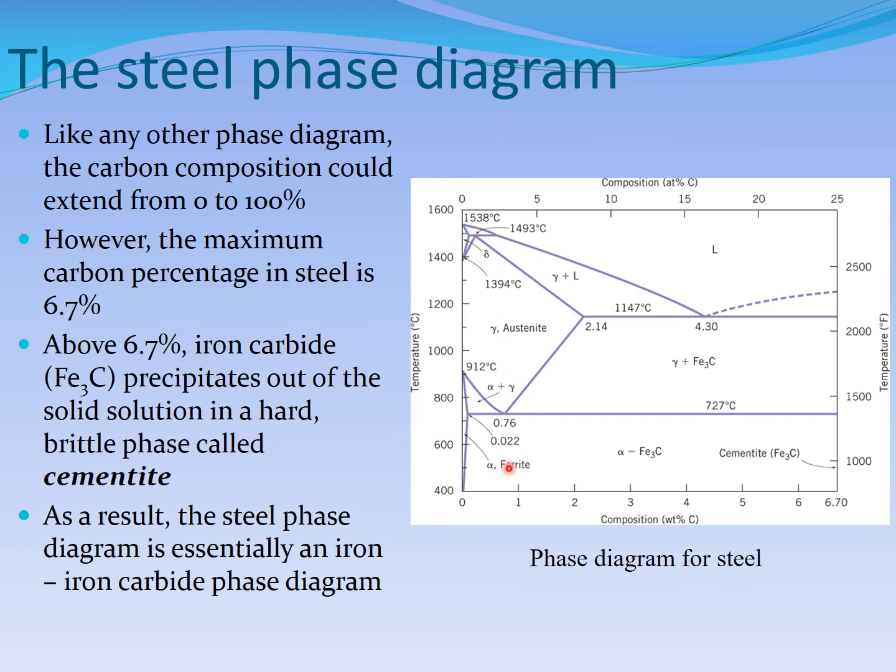Alpha is BCC, delta is BCC, gamma is FCC. But this alpha ferrite, the size of the BCC is different, and this delta ferrite, the size, the cube size, the A, is different. So though alpha is also BCC and delta is also BCC, but the structure, the A, right, the size of the cube is different. And gamma, of course, is austenite.